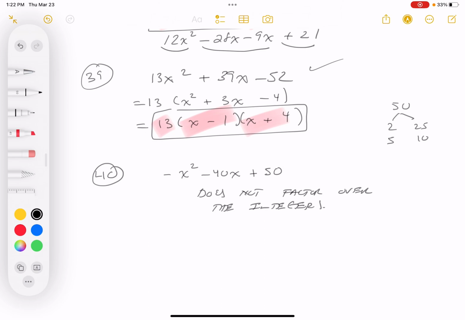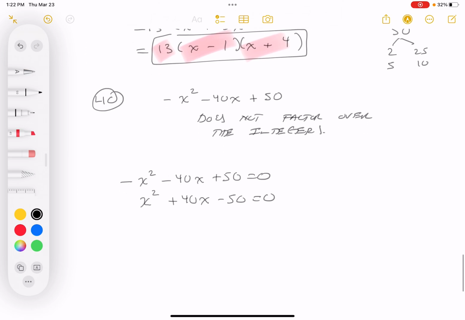So let's write this down. I'm writing minus x squared minus 40x plus 50 equals 0. I can multiply both sides by minus 1 just because of the preference I have, by the way. This is an equation. This is not a factorization problem. It's going to be plus 40x minus 50 equals 0. I can use the quadratic formula.